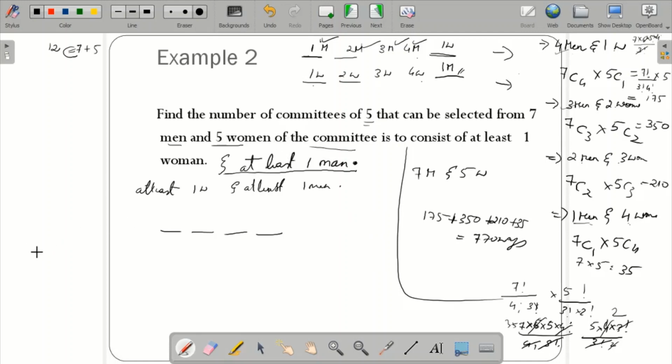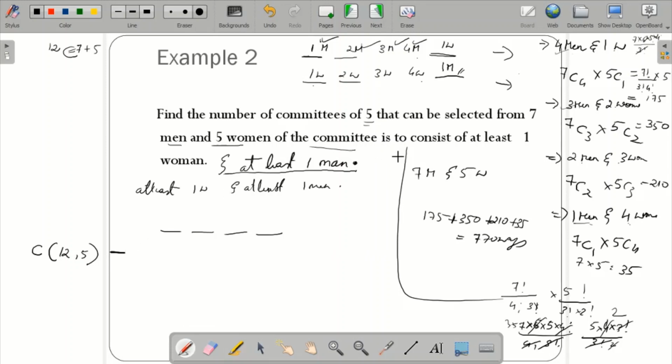So what they have done is, from the total combination 12C5, the number of committees of 5 that can be formed, they have subtracted the ones breaking the constraint.